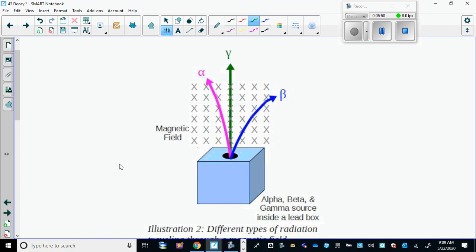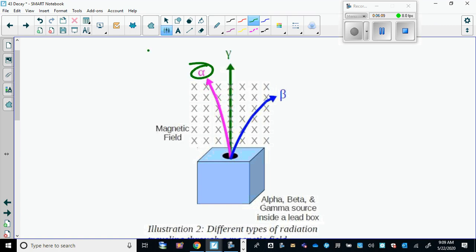Here is a really good question that appears on diploma exams. You've got a magnetic field and a source of radiation, and you have to say what would happen to each of the 3 types of radiation if they were emitted from that source. So you can use your left and your right hand rules.